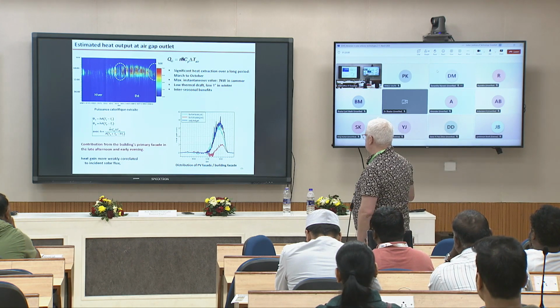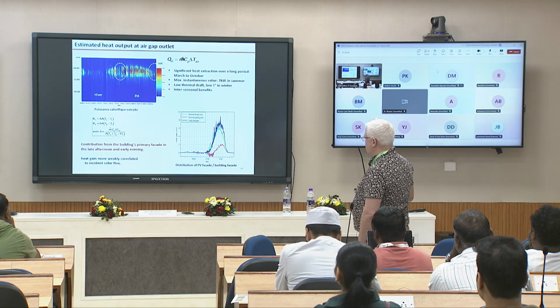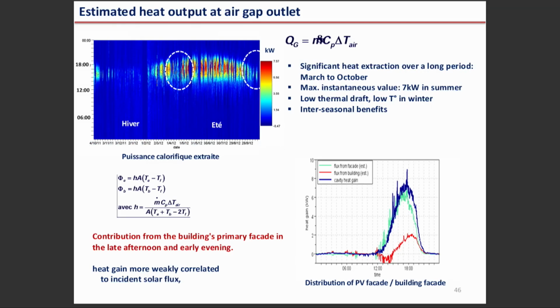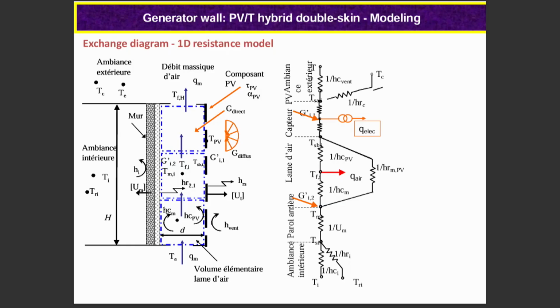Okay, so I will not go deeply, but of course we wanted to be as close as possible numerically to the experimental data. So we developed quite a simple model, first a fluid dynamics model, a simple model that could allow us to manage this double facade and the air ventilation.